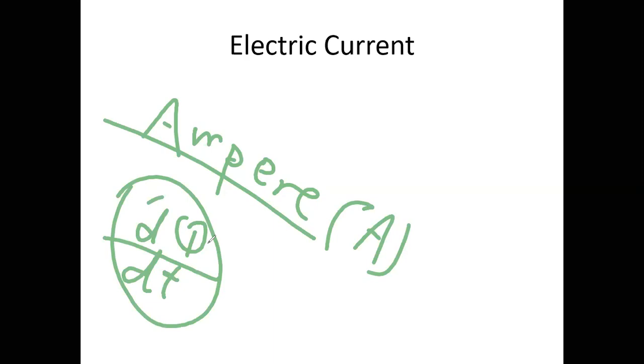So the rate of change of these charges over time is known as the ampere. And as I told you, we are talking about dynamic charges. Those charges are changing with time, meaning these charges are moving from one point to another through a certain time, okay?